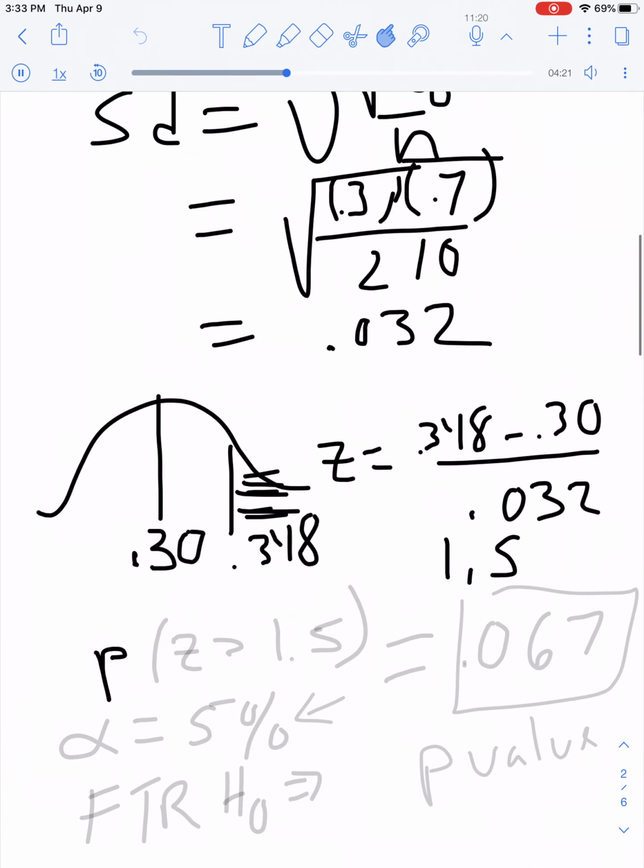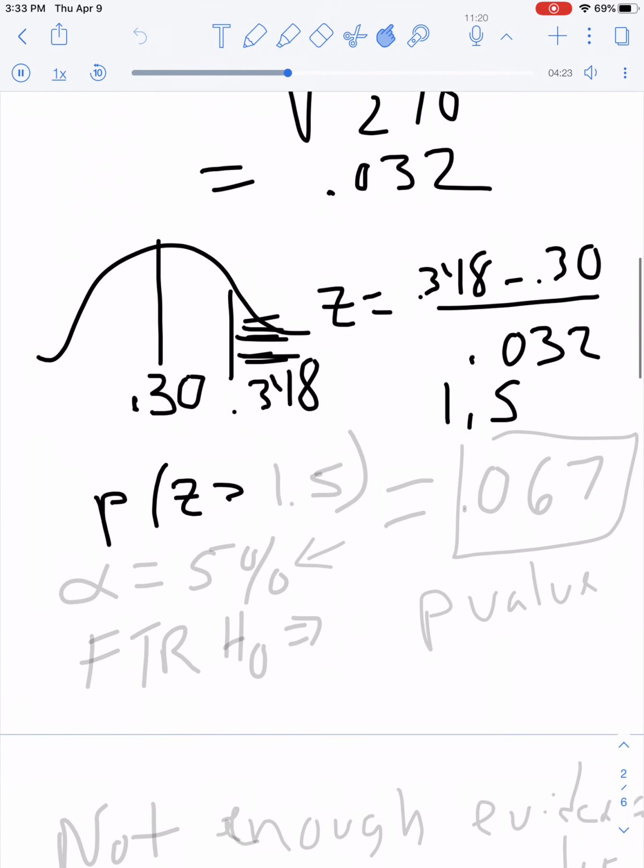So what's the probability of z being greater than 1.5? You go to your normal CDF function, make your lower at 1.5, make your upper infinity, 0 and 1 for your standard deviation and your average, and that turns out to be 0.067.